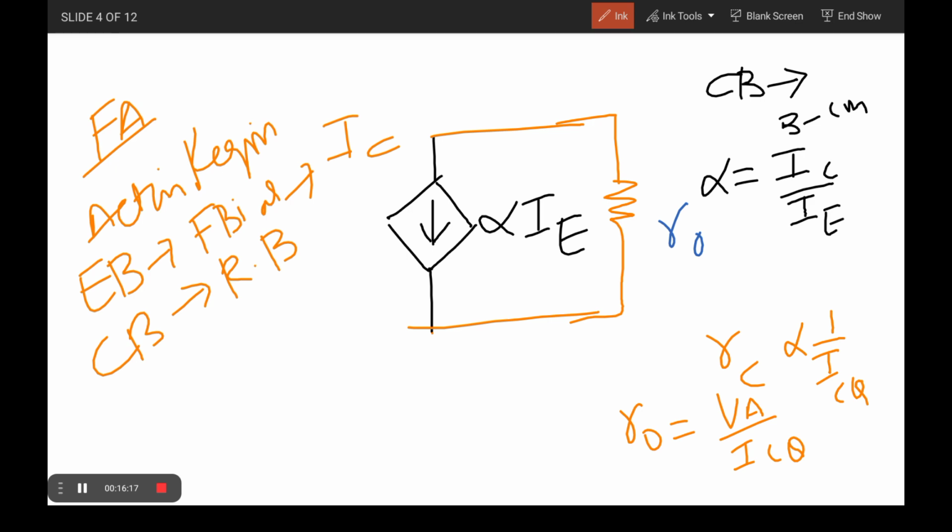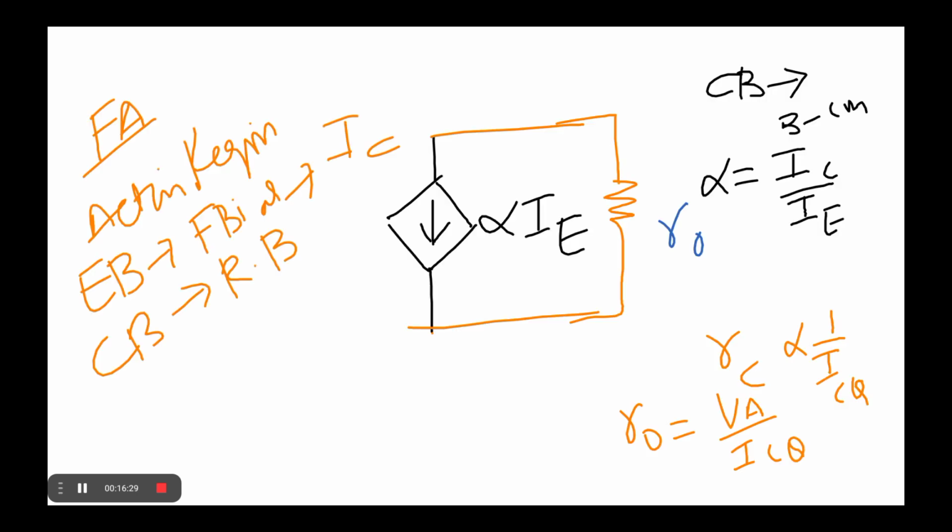Suppose you are combinedly representing the input and output characteristics of a transistor, let us see. The structure is like this. If you combine the input and output characteristics, the small signal analysis of a transistor is similar to this.